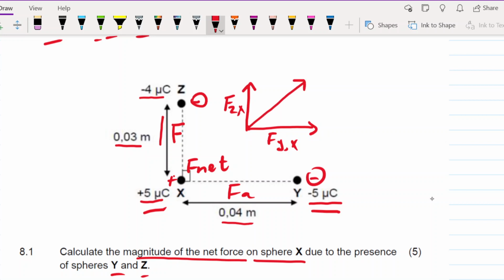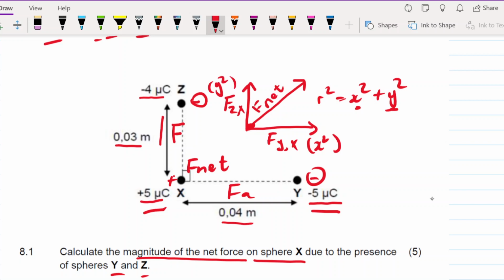That will be your tail-to-tail vectors, so this will be your F net. In order for us to find that F net, remember r squared is equal to x squared plus y squared, x squared being this one and y squared being this one.